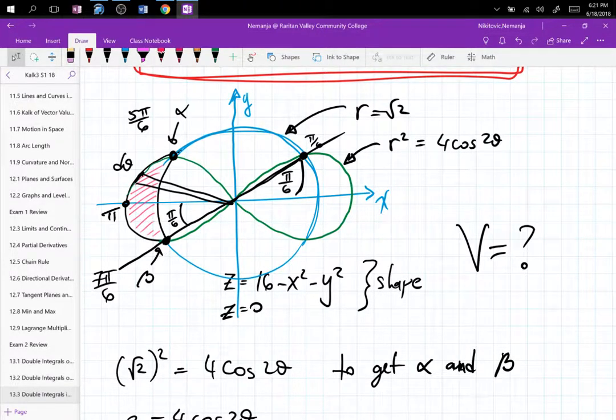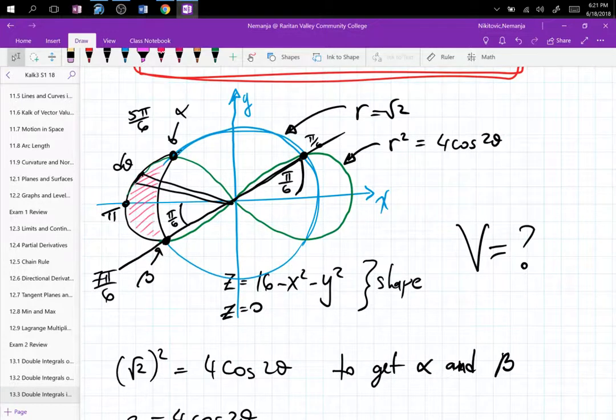So in this case, we can play with symmetry, and instead of computing with limits 5 pi over 6 and 7 pi over 6, we can compute negative pi over 6 to positive pi over 6, because this moon and this moon are the same, and the shape on top is the same, and that's the key.